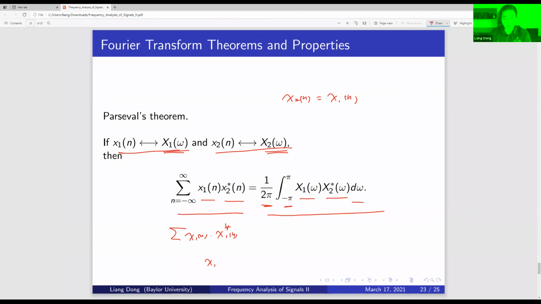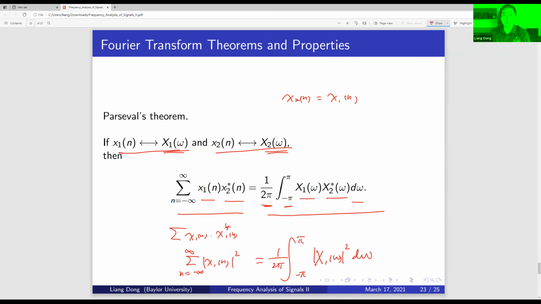This is the absolute value squared of x1 n, summed from n equals negative infinity to infinity. And here is the symmetry. That becomes the integration from negative pi to pi of the absolute value squared of X1 omega d omega, if I'm dealing with just one signal.